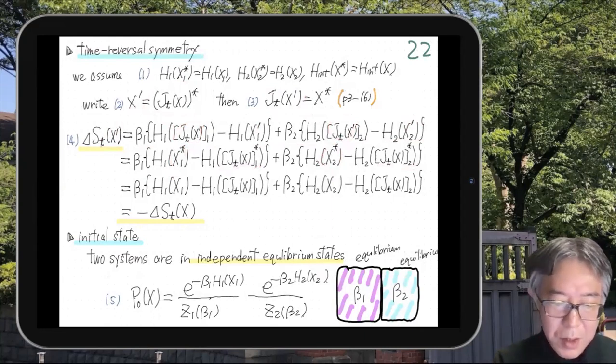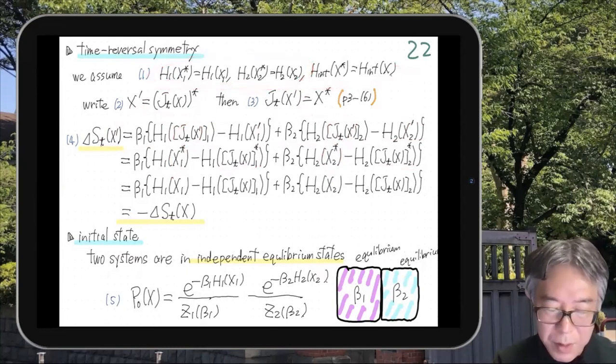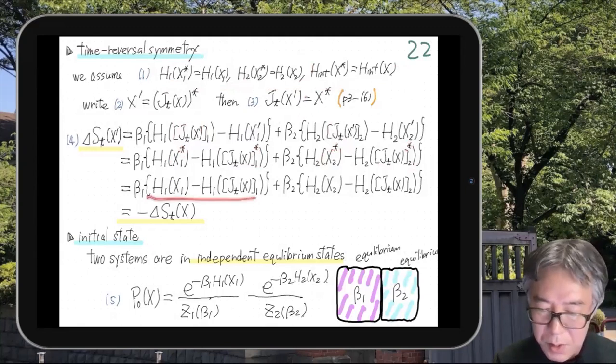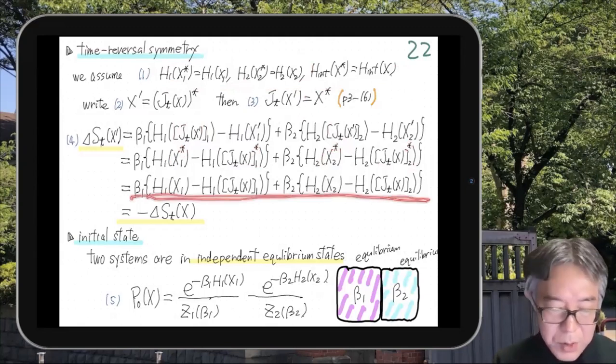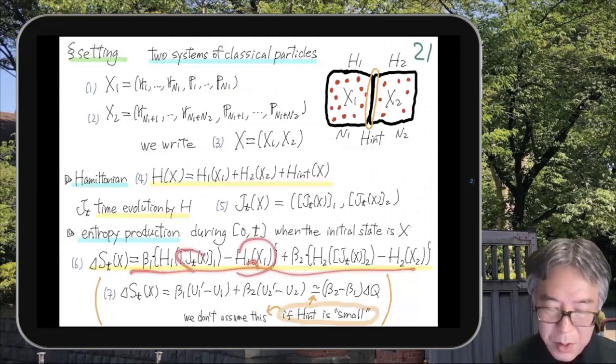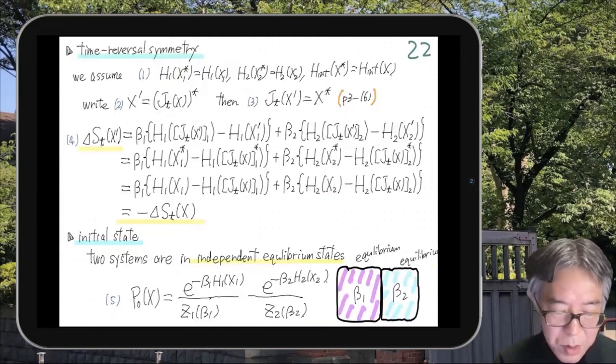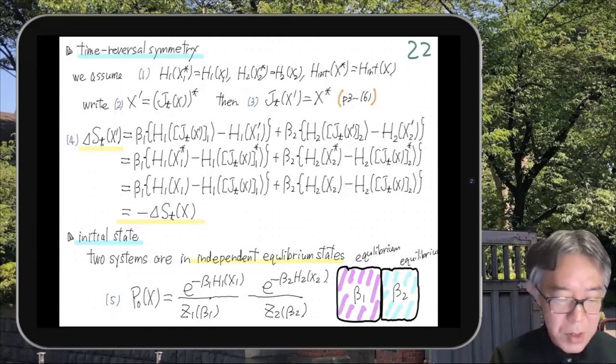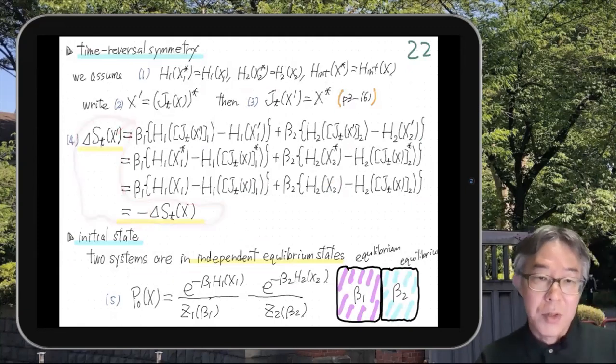And now we assume that these Hamiltonians are time reversally invariant. So you can just remove this star to get this. And now this is almost the same as this one, but this and this switched. So everything is switched, so you get a minus sign. Good. So this is the symmetry for the entropy production.